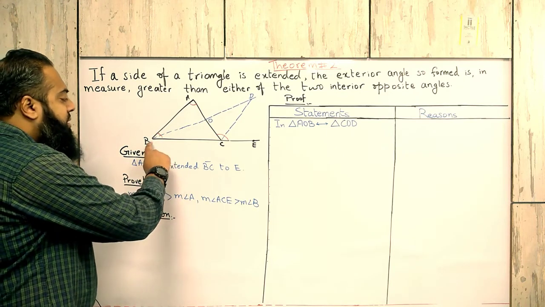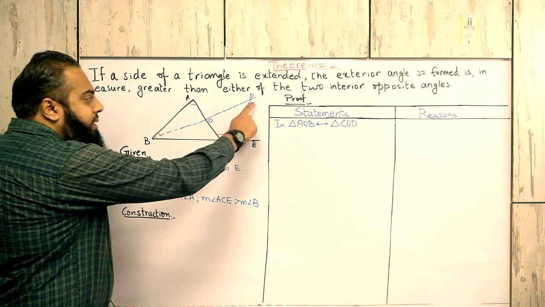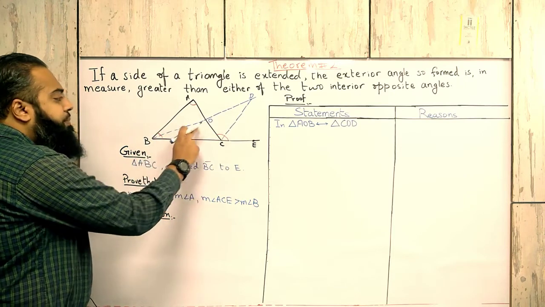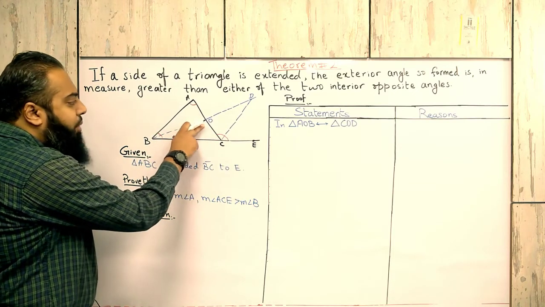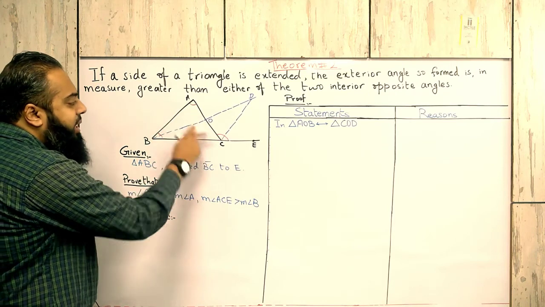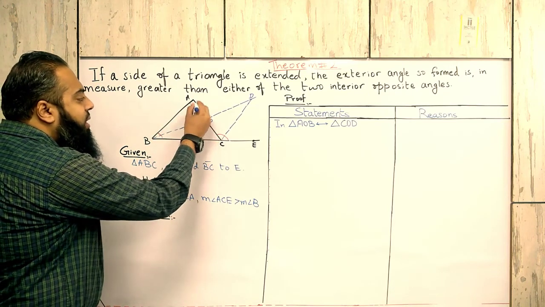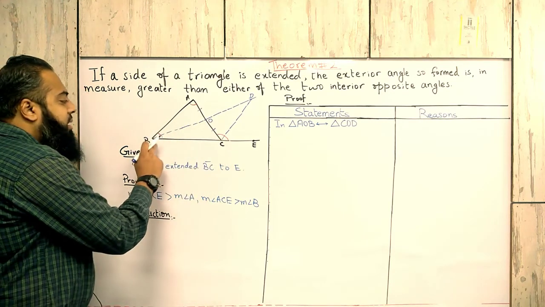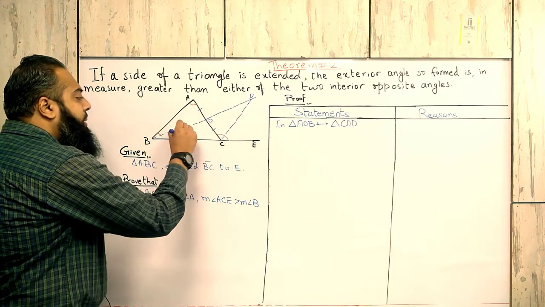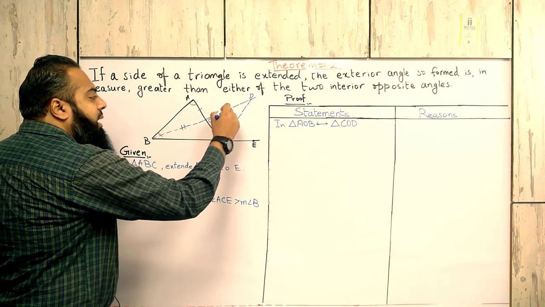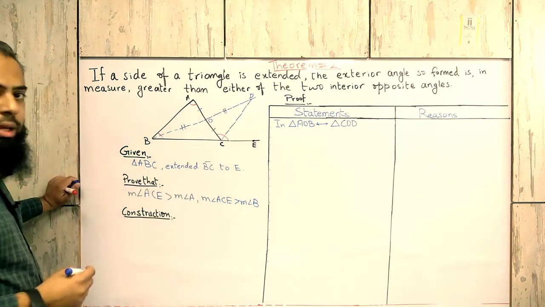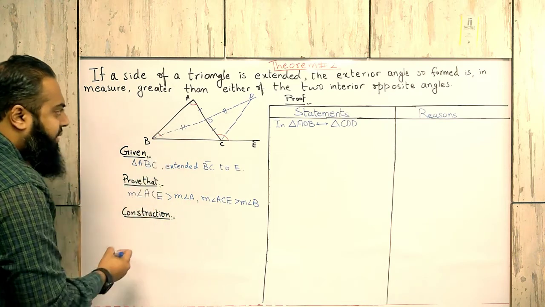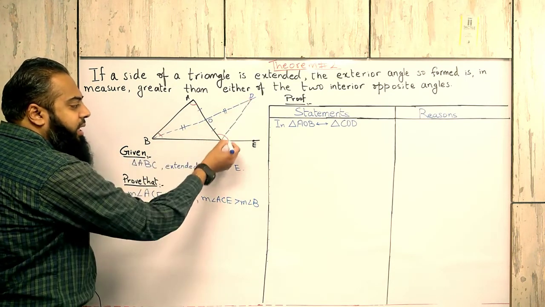We will draw a point D in such a manner that, point O is where we cut line AC in half, so that AO and OC are equal in length, and the line BO and line OD will be equal in length. That's our construction. We will write it over here, and then we will join the point D with point C.